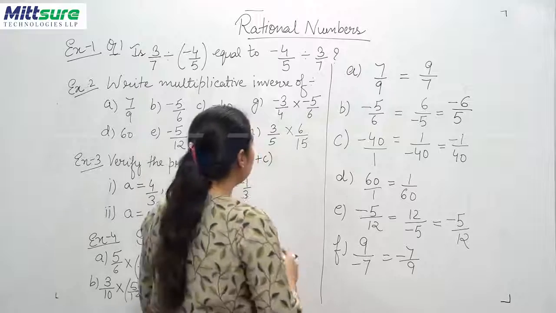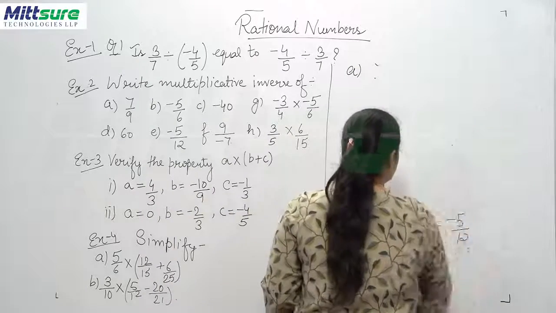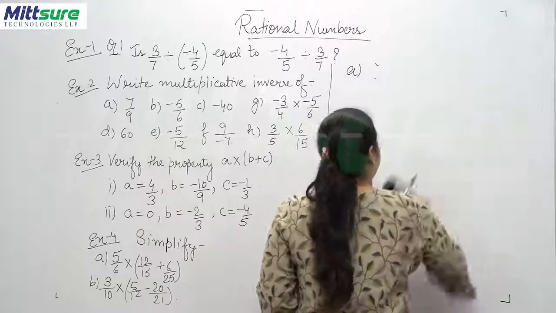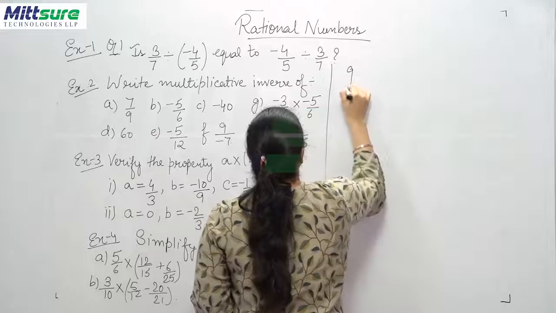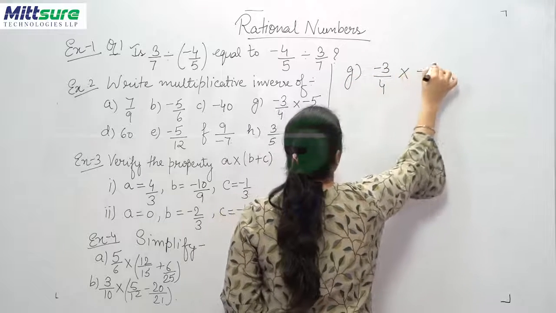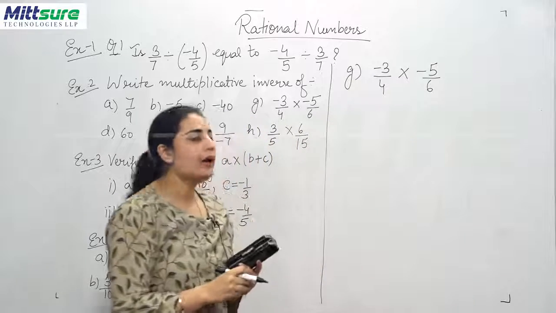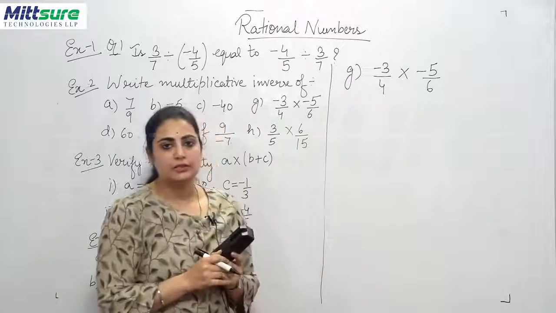Okay, now let's take some different kind of examples in which you are supposed to write the multiplicative inverse. So here minus 3 upon 4 multiplied by minus 5 upon 6. In this case, how are you going to write the multiplicative inverse?